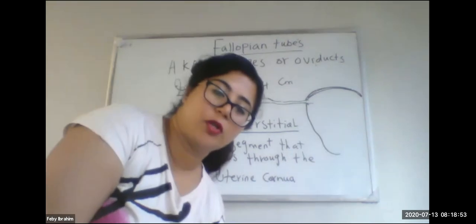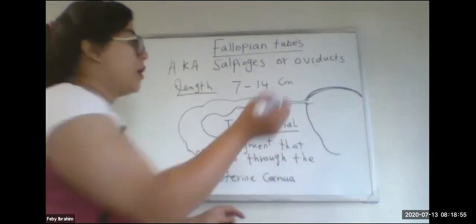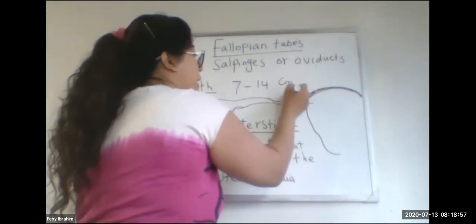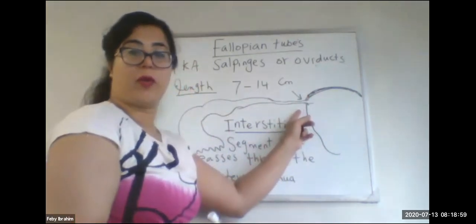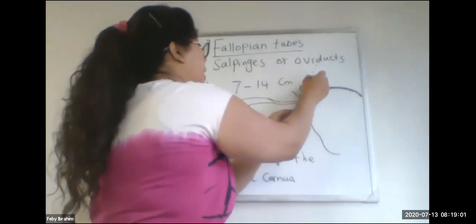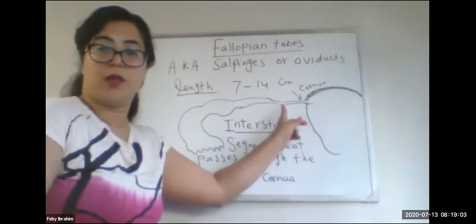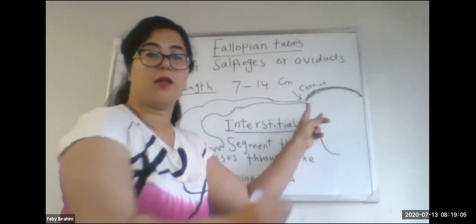Do you remember we mentioned we have the fundus, and at the lateral side of the fundus we have the cornua, right? And the cornua is where the fallopian tubes enter the uterine cavity.